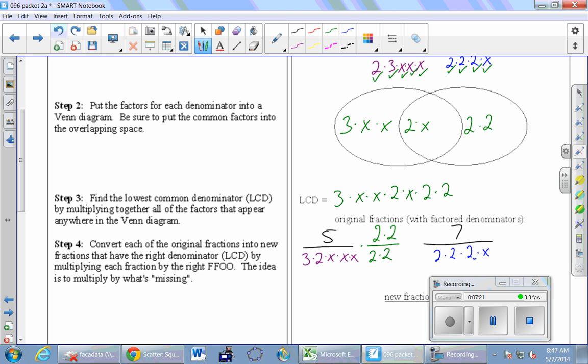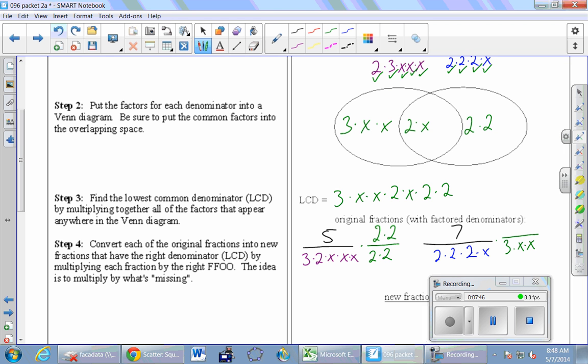Next denominator is currently blue. We're trying to turn it into the green. So we've got to figure out what's missing to make blue become the green. Three times x times x. That's what we need.